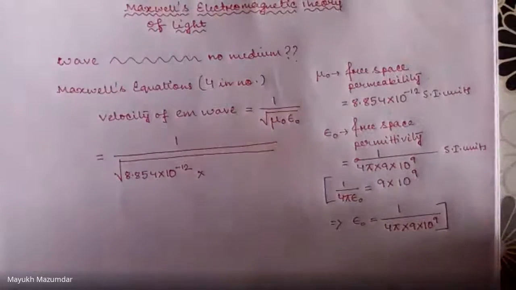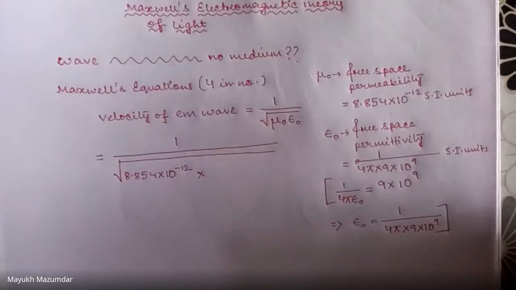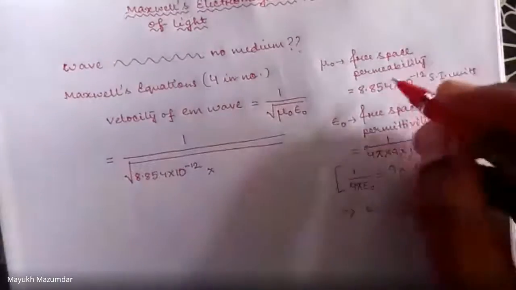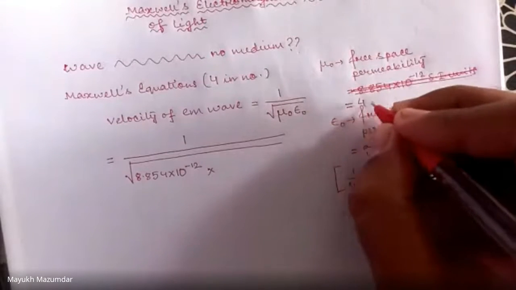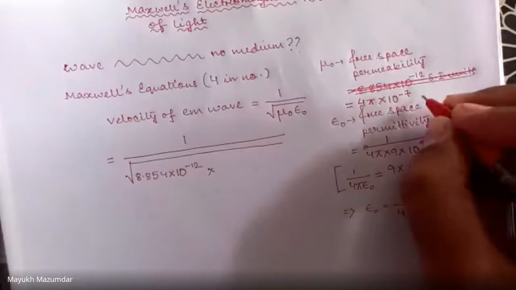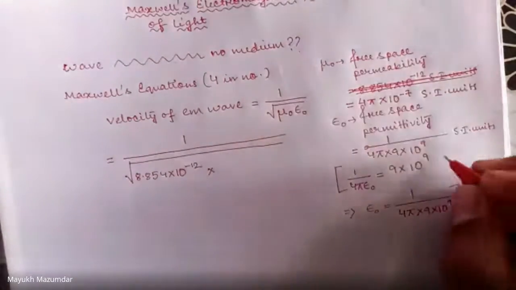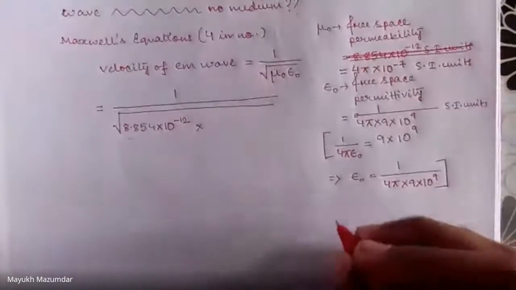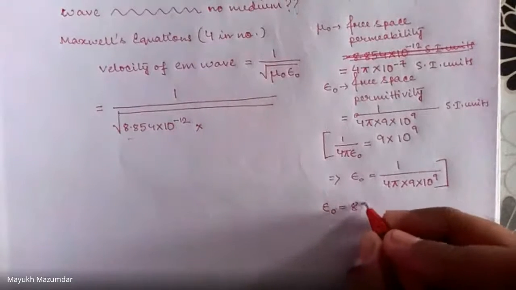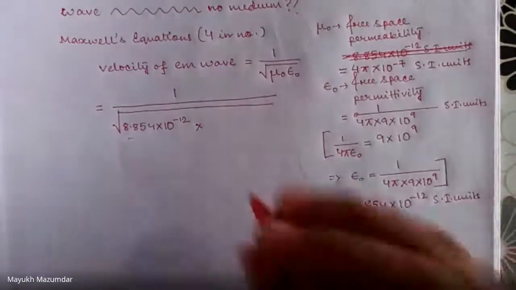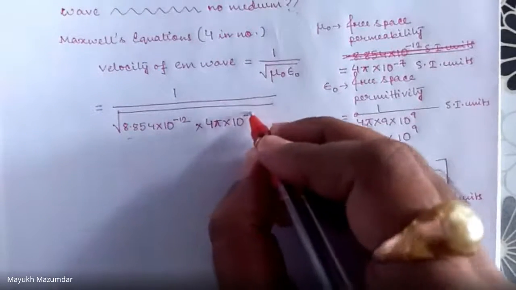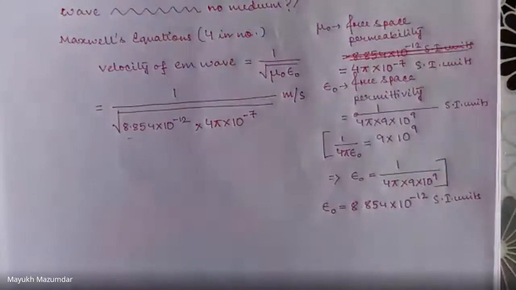So I was getting 1 point something. No, you're not supposed to get 1 point something. Sorry, I got confused. This thing, mu 0, is 4 pi into 10 to the power minus 7 SI unit. And epsilon 0 is this. So you will get epsilon 0 equals 8.854 into 10 to the power minus 12. Sorry, I mixed the two terms. So here you put 4 pi into 10 to the power minus 7, and the unit is in meter per second.